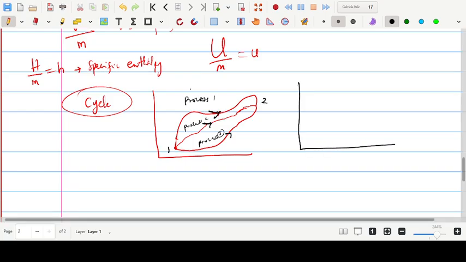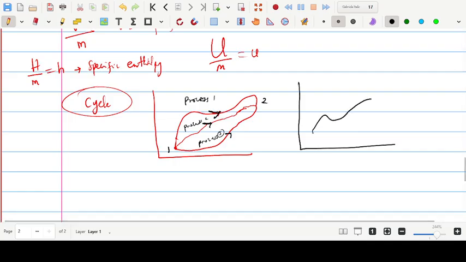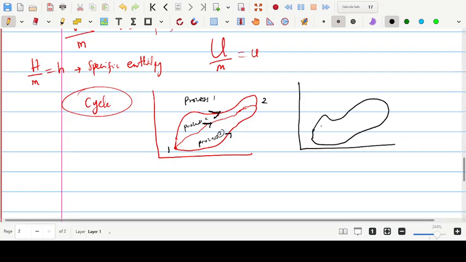This is a diagram of a process, but for a cycle, you start from here, point 1, then you move all around. A cycle is a series of processes where your starting point is also your end point.